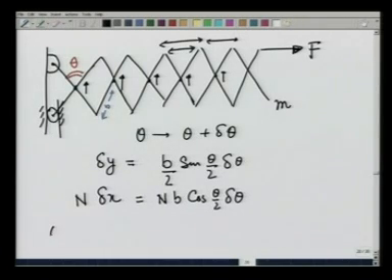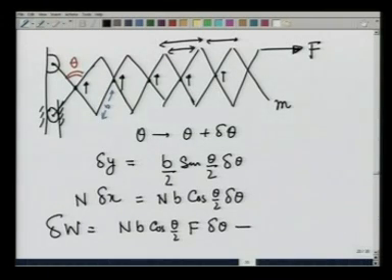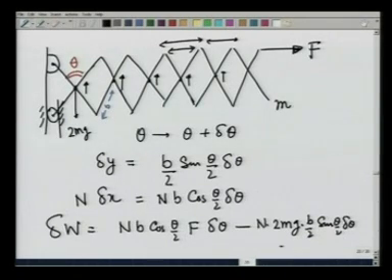So, virtual work done is going to be n b cosine of theta by 2 times F delta theta, minus this delta y at each link is doing work against 2 mg, and there are n such points. So, therefore, I am going to have n times 2 mg times b over 2 sine theta by 2 delta theta, and this should be 0.